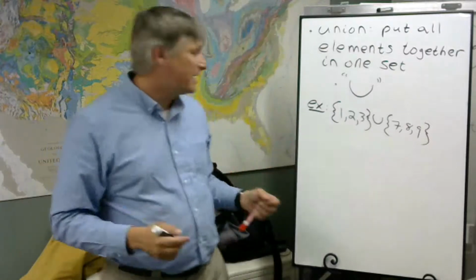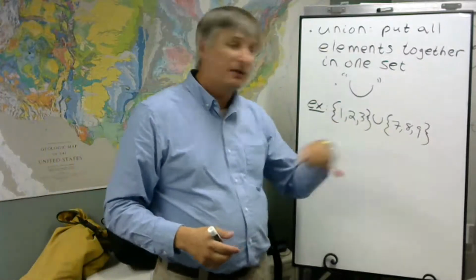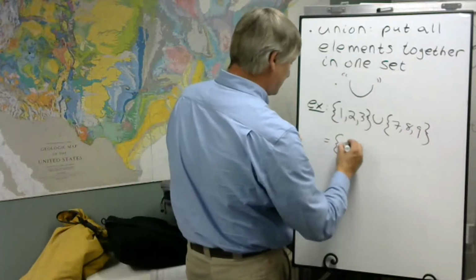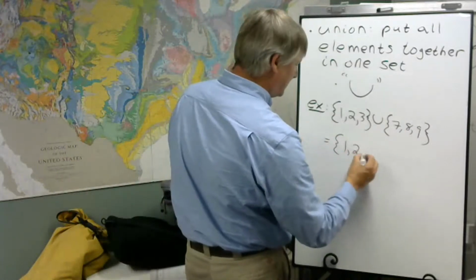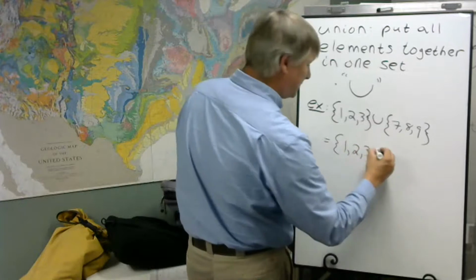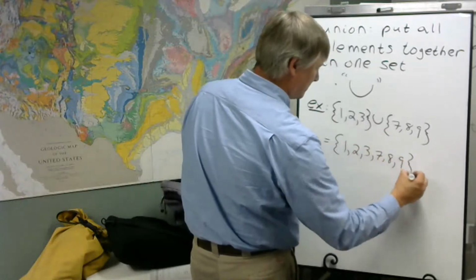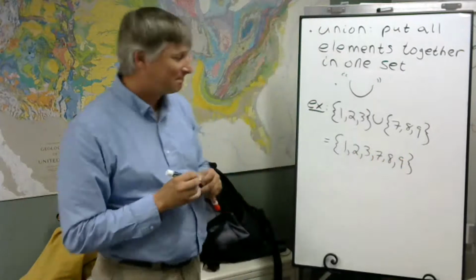So we have two different sets, 1, 2, 3, and 7, 8, 9. So we put all those together, they'll combine into one set, 1, 2, 3, 7, 8, 9.